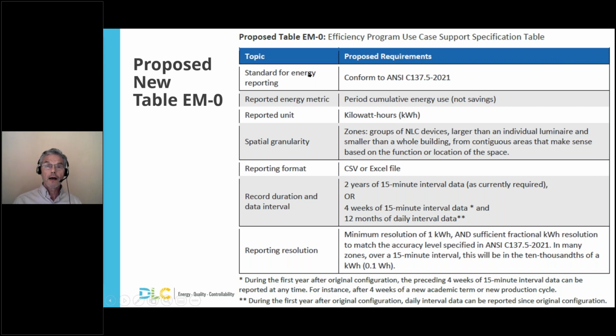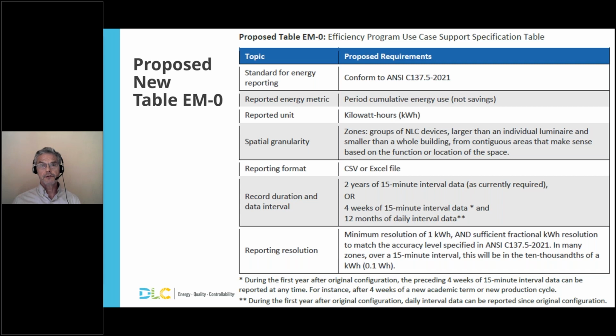Starting from the top, now that there's a standard ANSI C137.5, we want to refer to that in terms of the accuracy and in terms of the type of data that is reported. The energy metric will be cumulative energy use and not energy savings. The reported unit was recommended to be kilowatt hours.